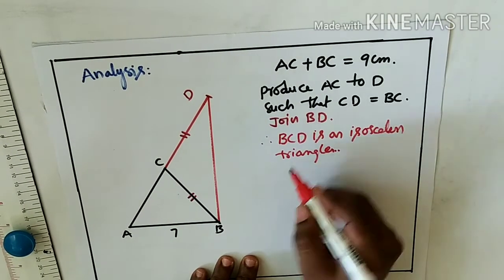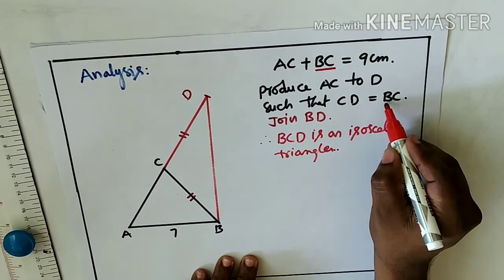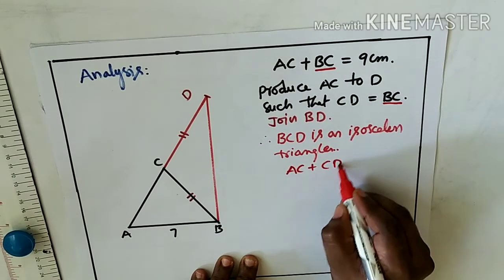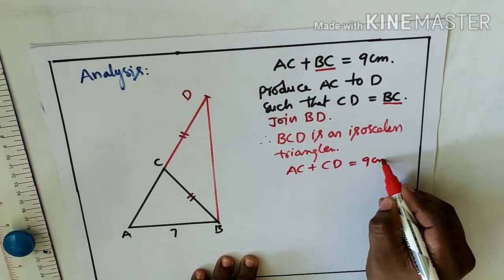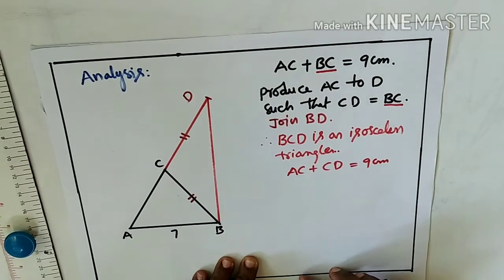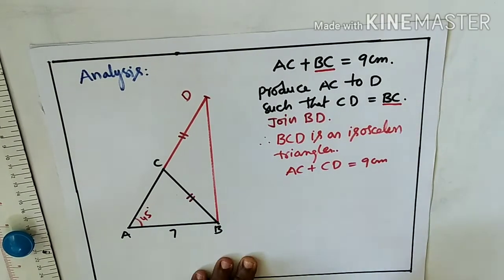Now AC plus BC is equal to 9 centimeters, where BC is equal to CD. That's why AC plus CD becomes 9 centimeters. This total line of 9 centimeters we have taken. And given, of course, this is 45 degrees.